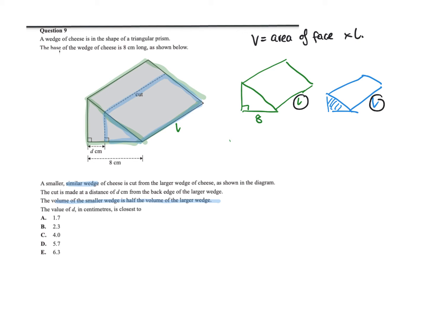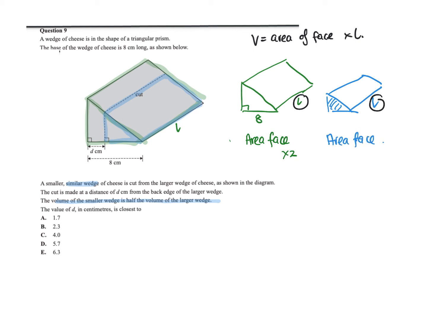So when they say the volume of the smaller wedge is half the volume of the larger wedge, what they're really saying is the area of this face must be 2 times bigger than this one's area of the face.